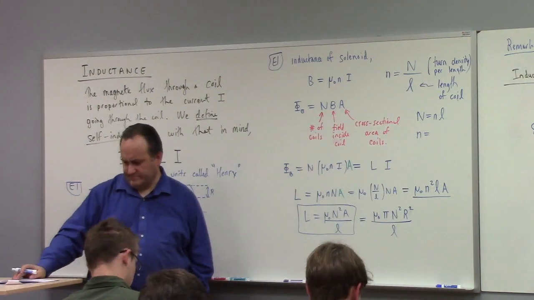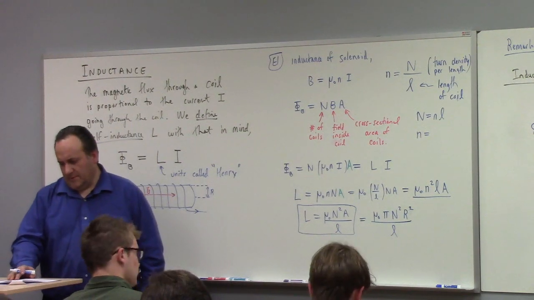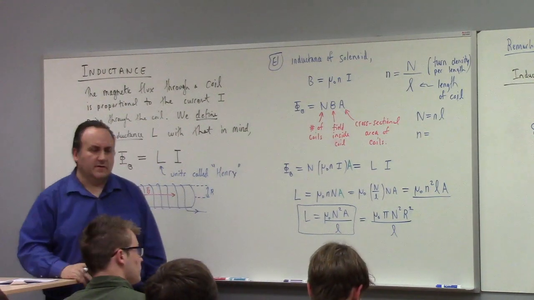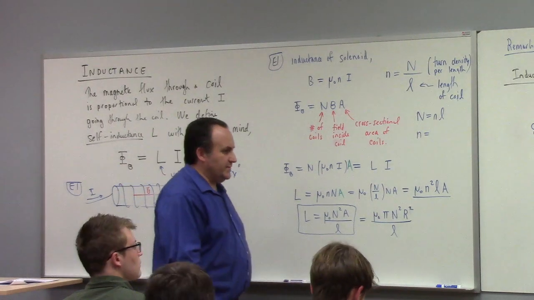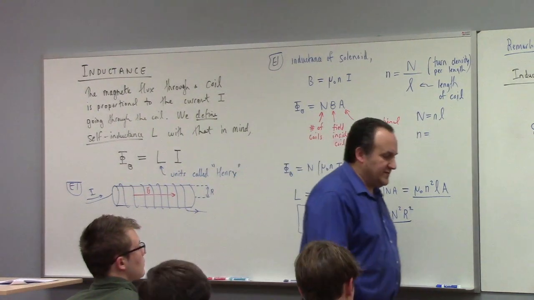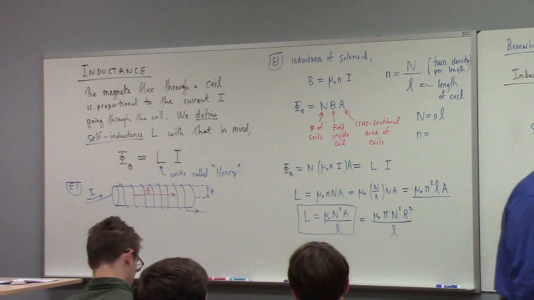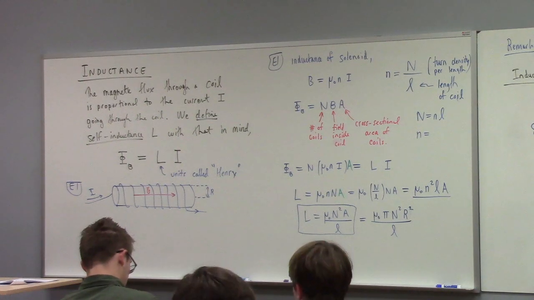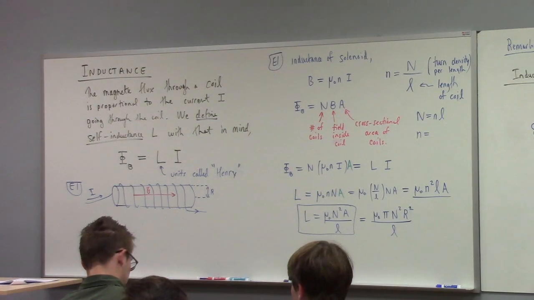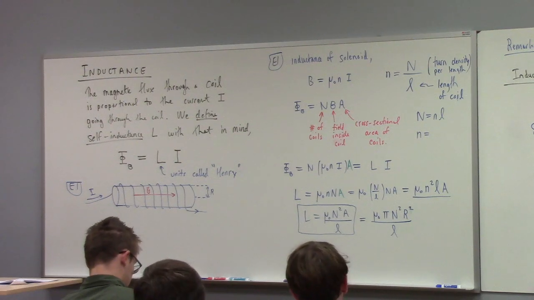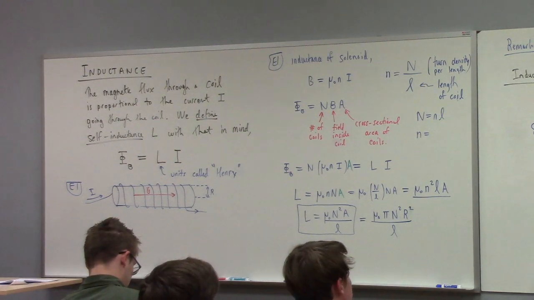Now, I suppose in principle, we could come up with an example where the geometry of the coil was changing with time, such that the L actually was variable. No? Why not?